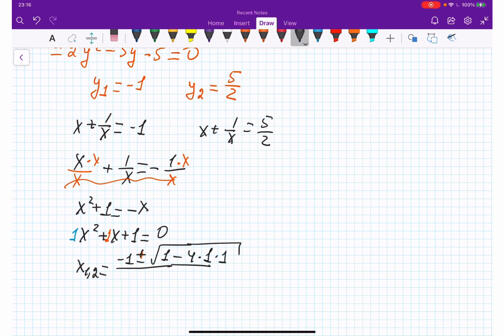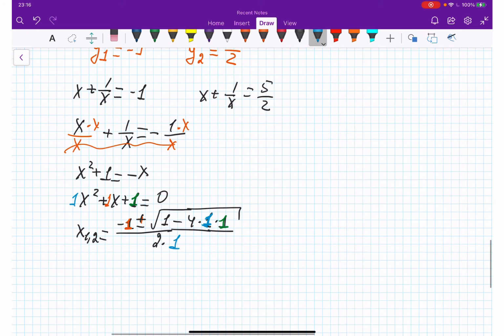Let me do it this way: I put a in blue color so you will see which one is a, which one is b, and c I will use green color. So you will see clearly what goes where. And 2 times a is blue color. And as you can see, we are getting a negative number under the square root. Therefore, there is no solution.